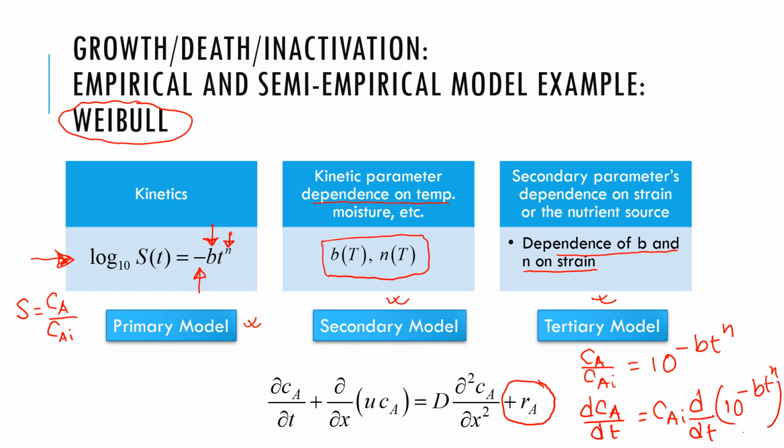So this can be very messy, and the details can be seen in this work, Halder et al. 2007 Journal of Food Science paper. But the point is that's all just simple algebra, and what that will give is the rate, and that's what gets plugged in as the source term.